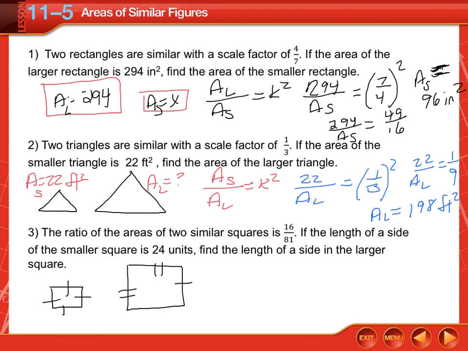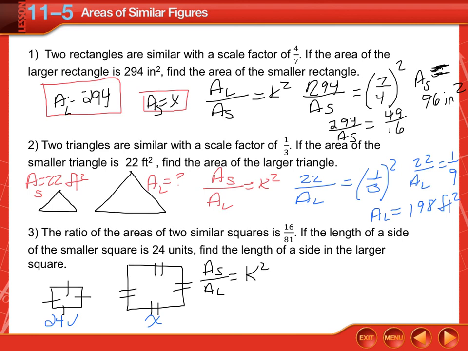And we know that one side, or all sides of the smaller square, is 24 units. And we don't know what the side of the larger square is. But what we do know is that the ratio of the areas, so area of smaller to area of larger, equals the scale factor squared.